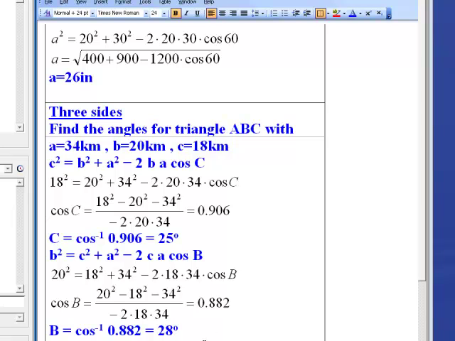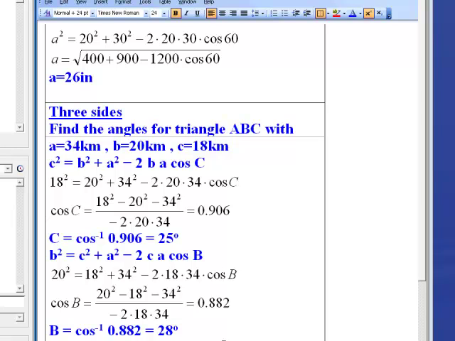And now, of course, angle A equals 180 degrees minus 25 degrees minus 28 degrees. And we're coming up with, let's see, 127 degrees for that one.